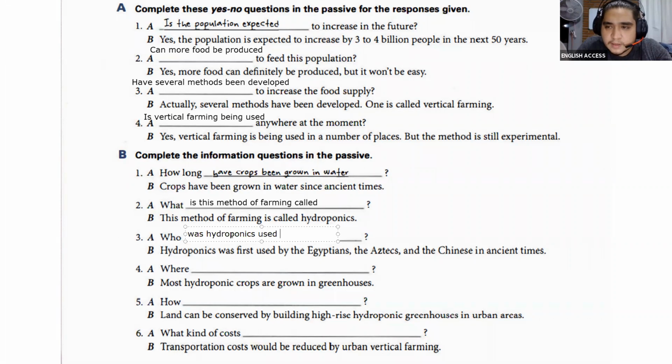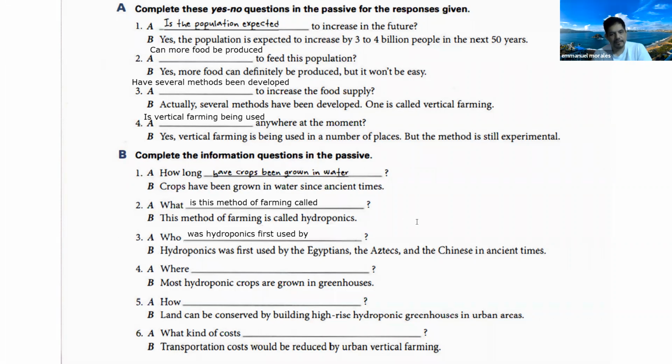Can you repeat that, please? Hydroponics first used by. Yeah, perfect. Who was hydroponics first used by? Very good.